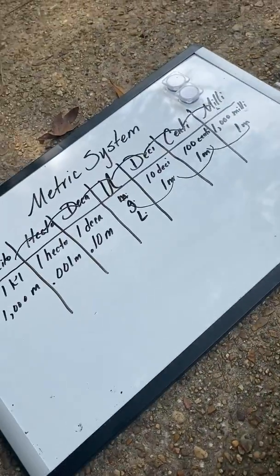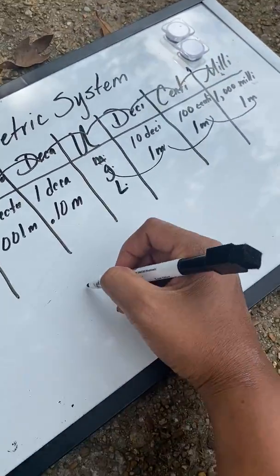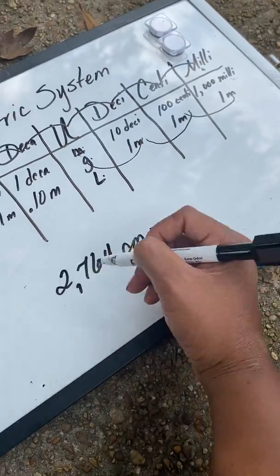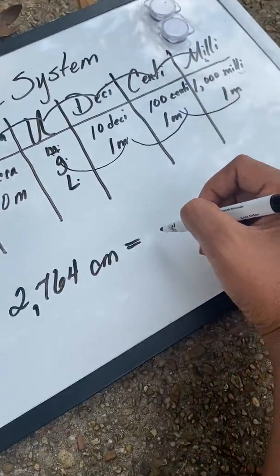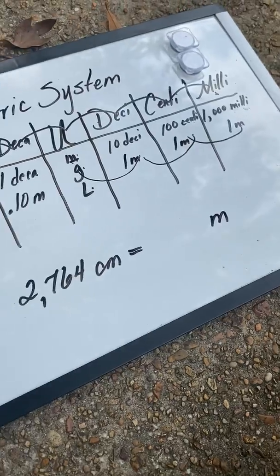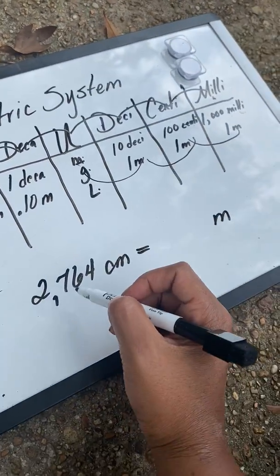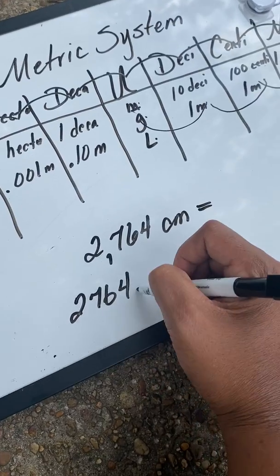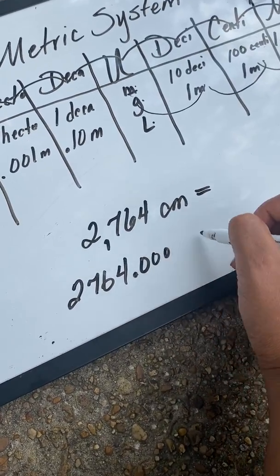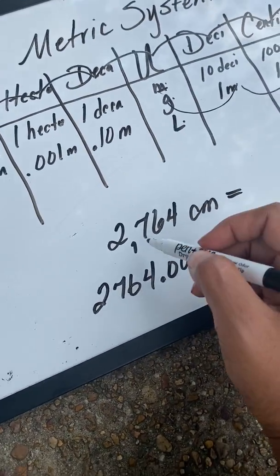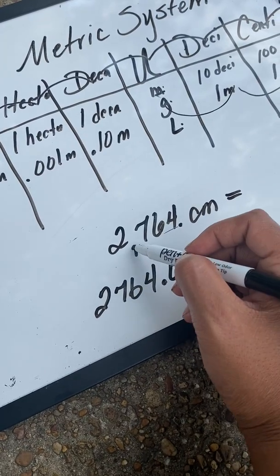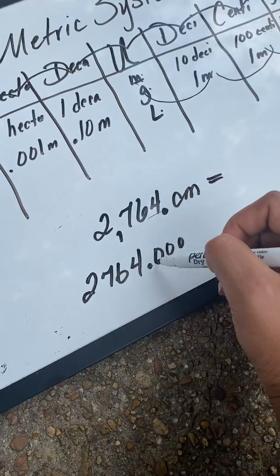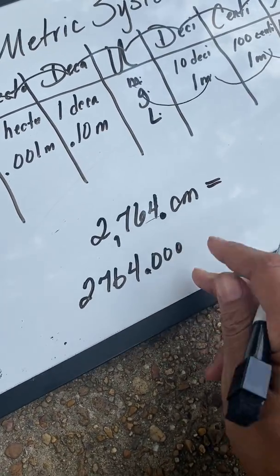Let's do another one. 2764 centimeters to meters. If you have a number like this, don't be confused. Don't be confused by the comma; this is just a whole number. It means that there's still an understood decimal place behind the last number.